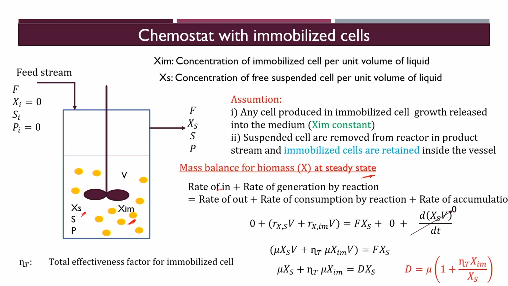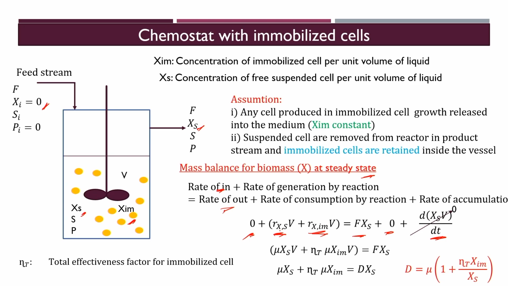Rate in is typically 0 because we are saying Xi is 0. Rate of generation will be Rxs into V plus Rx immobilized cell into V. So, there are two rates of generation, plus out is F into Xs, that is going out, consumption is 0, and the rate of accumulation at steady state is also 0.